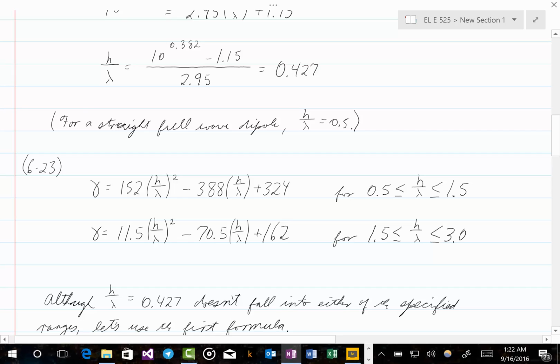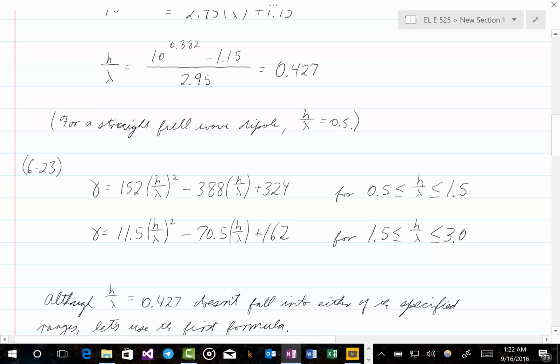Now, in equation 623, it actually comes in two parts. There are two different formulas to use for gamma depending on the value of h over lambda. When h over lambda is between 0.5 and 1.5, we should use this top formula, and when h over lambda is between 1.5 and 3.0, we should use the bottom formula.